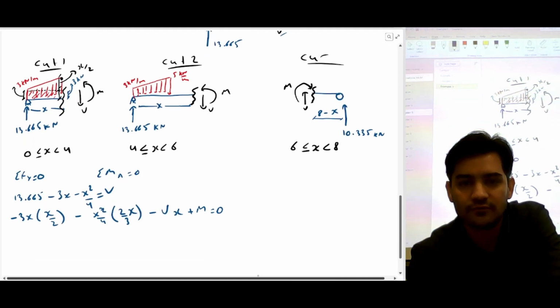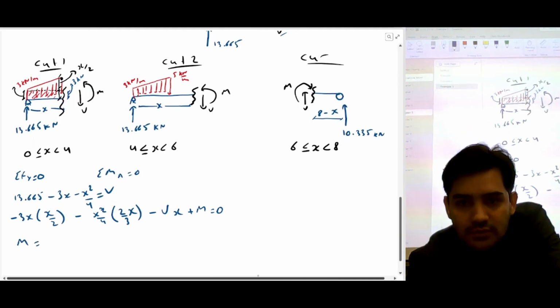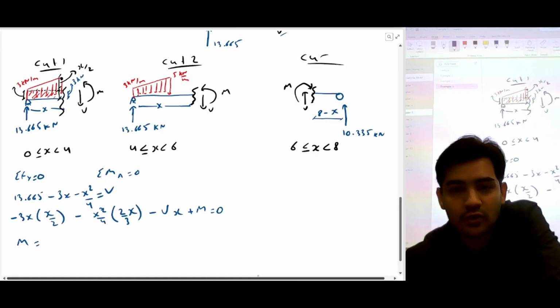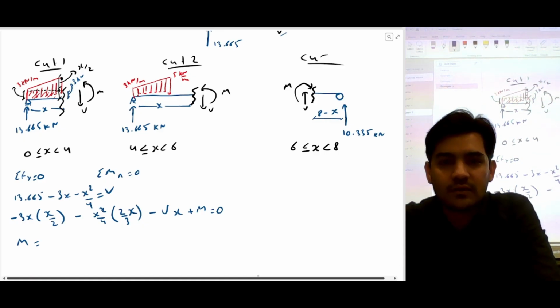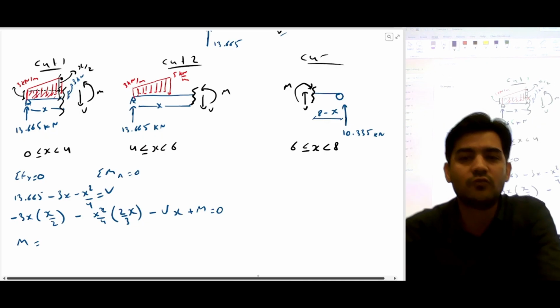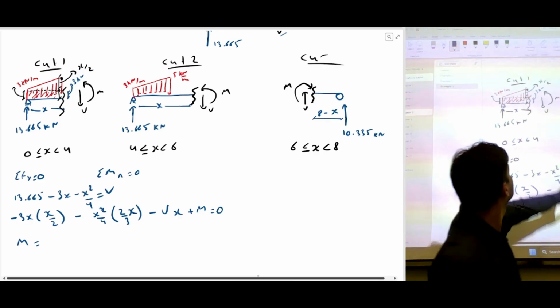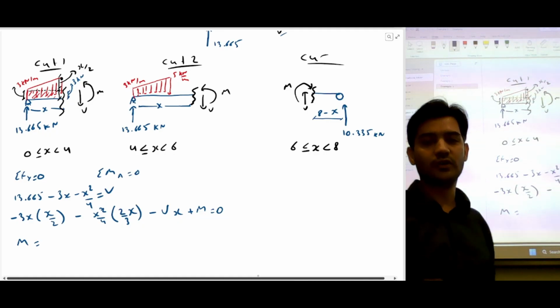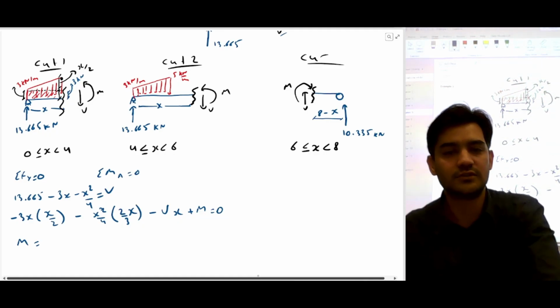So if you solve for this, your moment will come out to be... It would be easier if we do summation of moment at this point is equal to 0, because then we don't have to input the value of shear force.